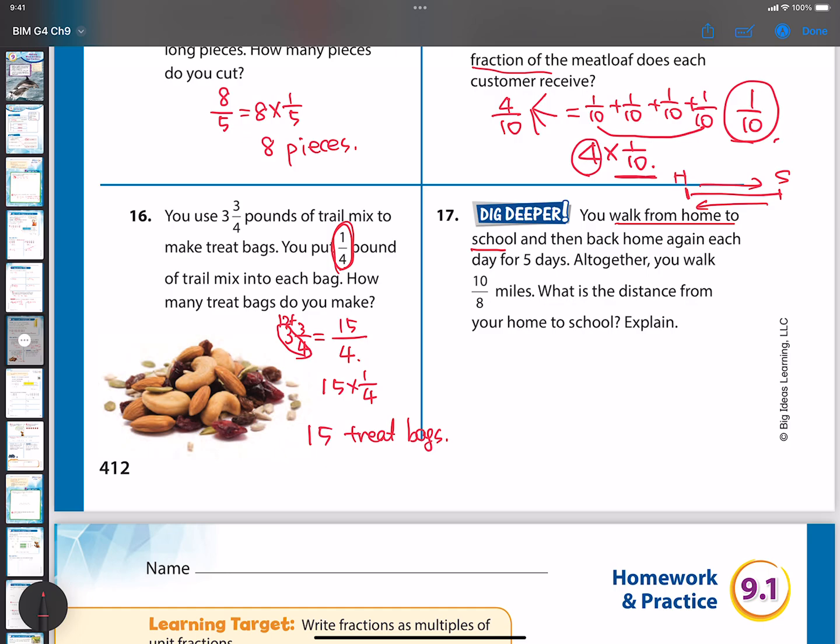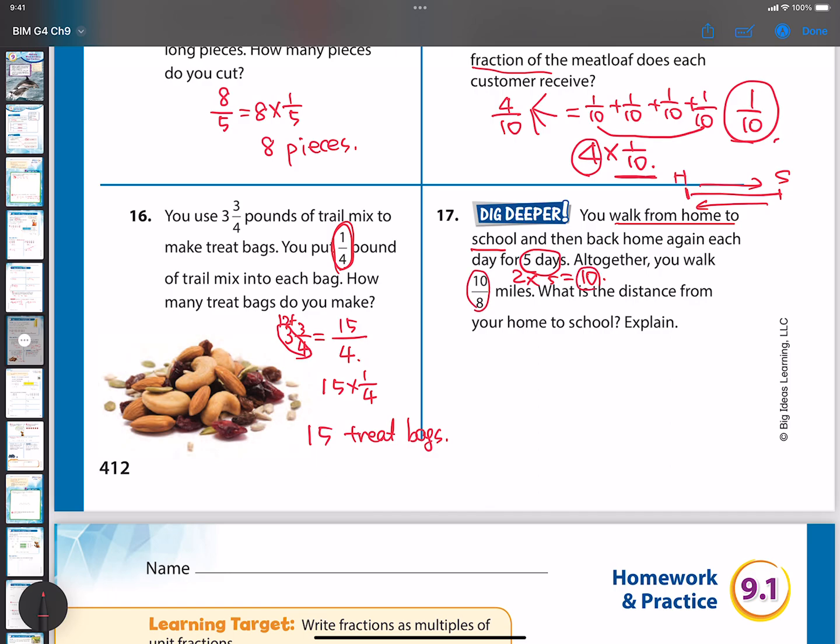What is the distance from your home to school? Explain. All right, it's fun because you go back and forth, which means 2 trips per day, and for 5 days. So in total for 5 days, how many times do you need to walk? 10 times, okay?